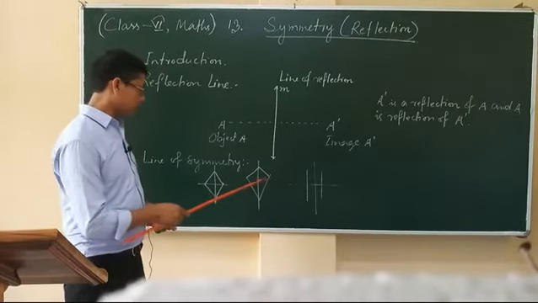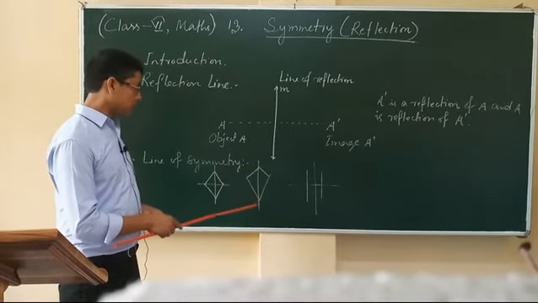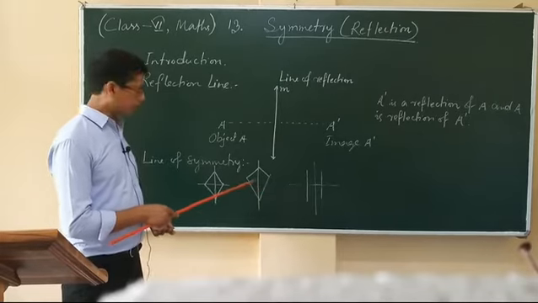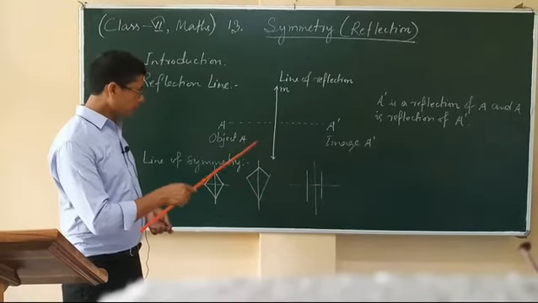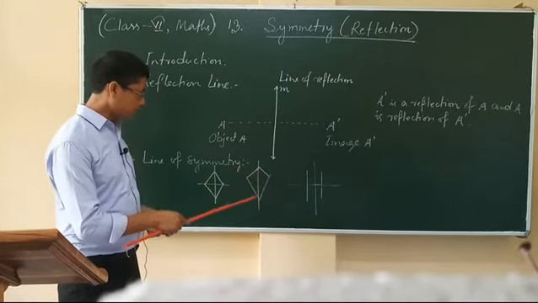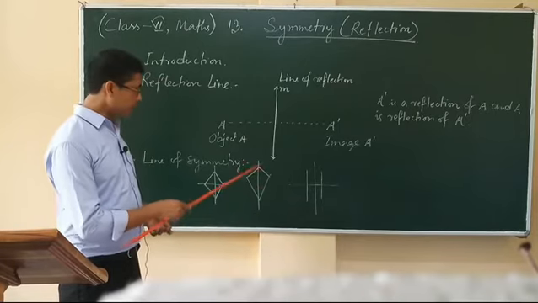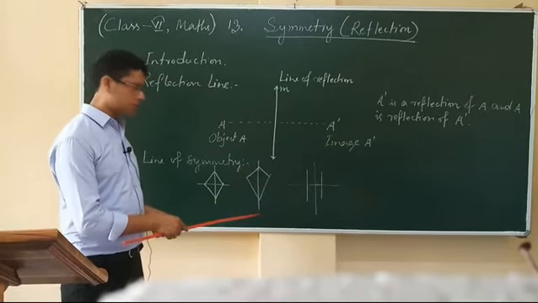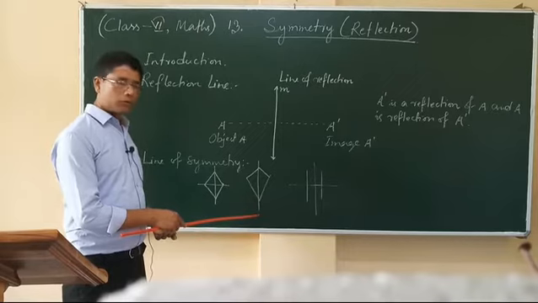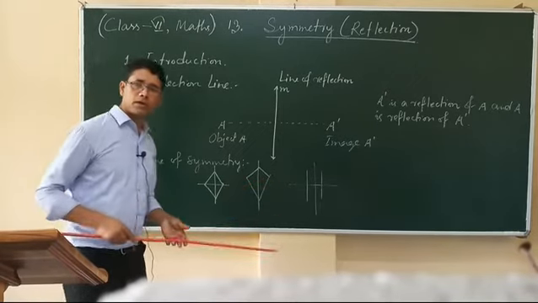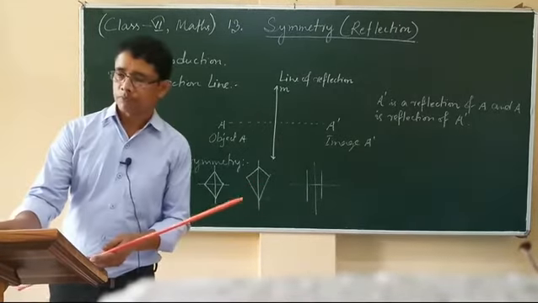But this figure I can divide into two identical parts only, not more than two, by drawing a line of symmetry. So there is only one line of symmetry which divides this figure into two identical parts.